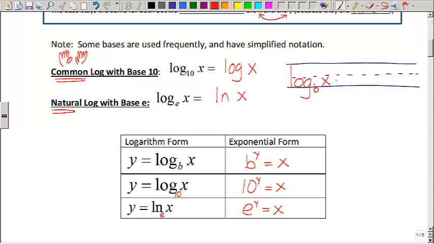of x equals y. And y could be on the other side if you really wanted it in the front or in the back. It doesn't really matter where you put the y. Its equivalent statement is base b. Notice the base b was small in the log equation, but in the exponential equation, base b is normal size.